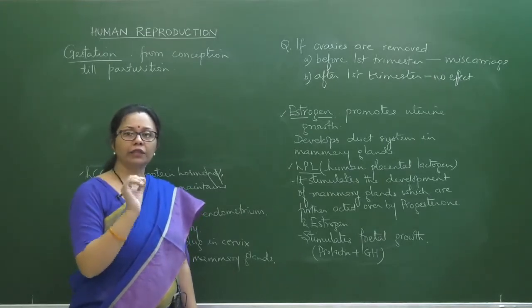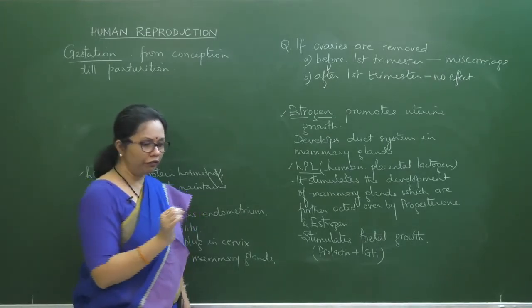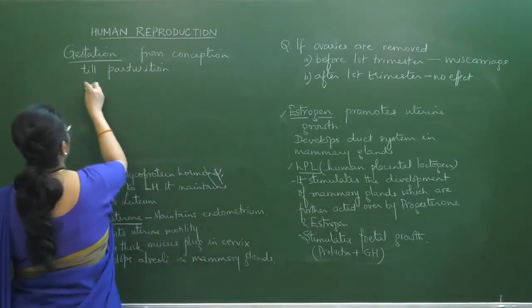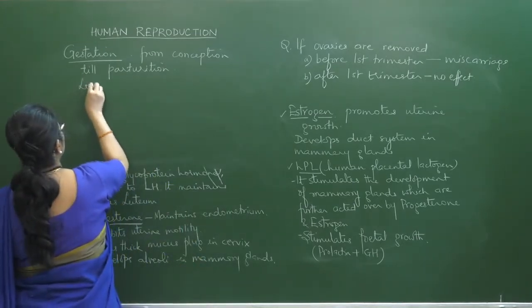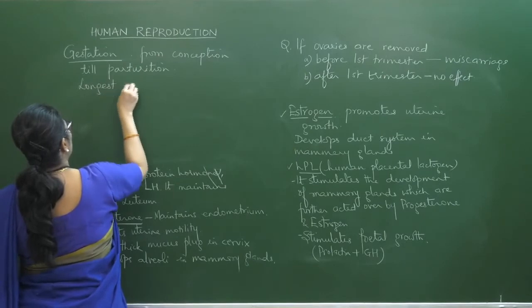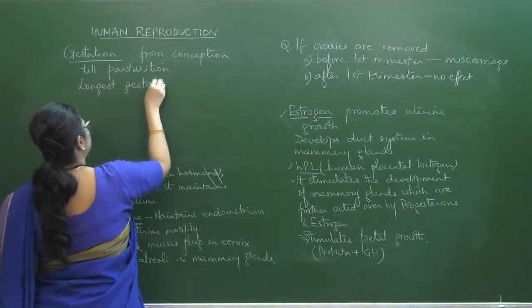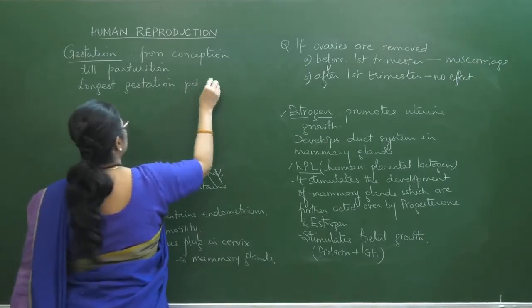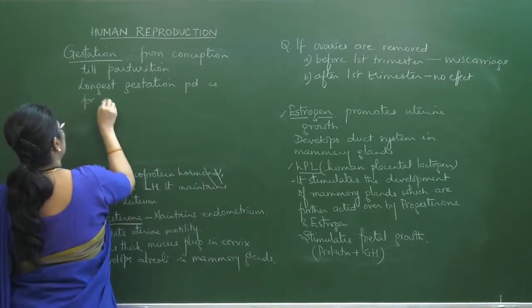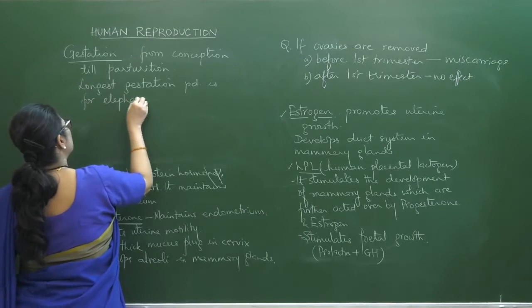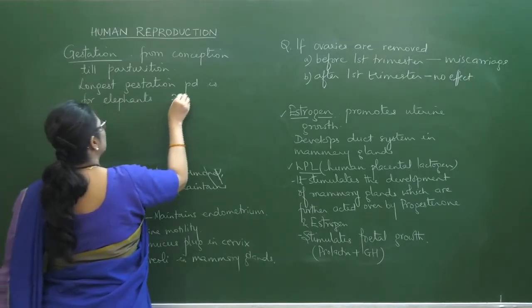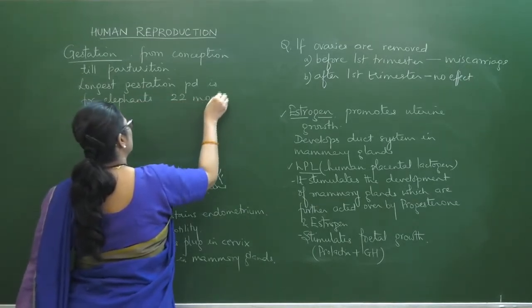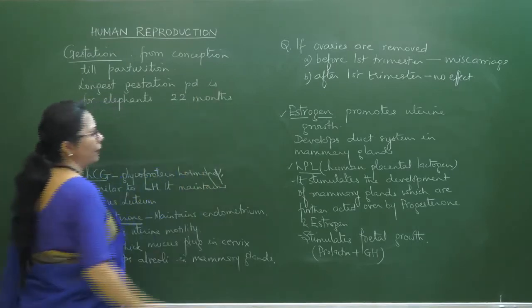The longest gestation period, of course, is for elephants, which is 22 months.